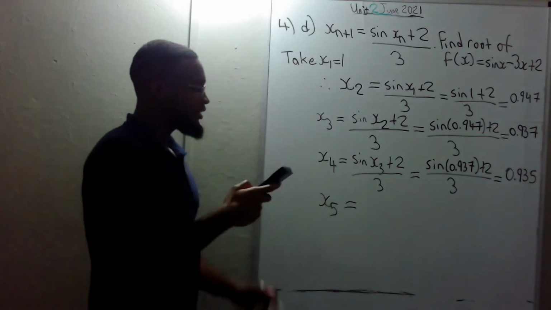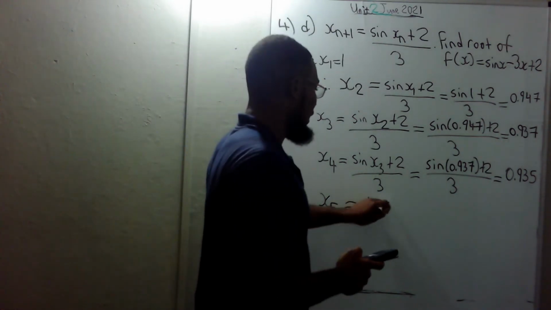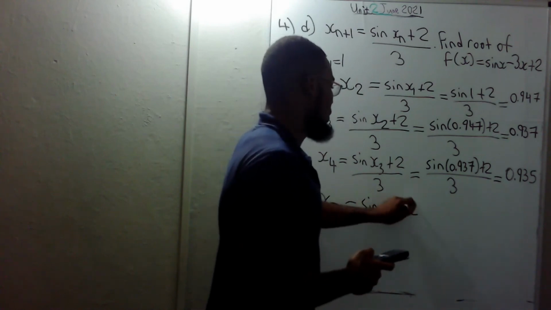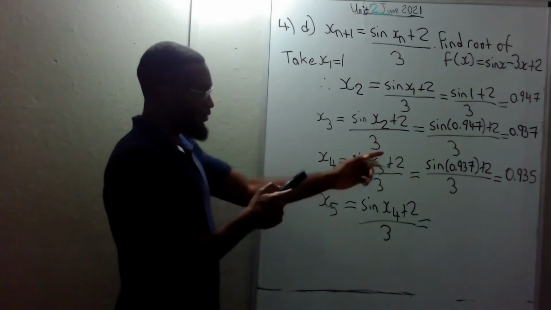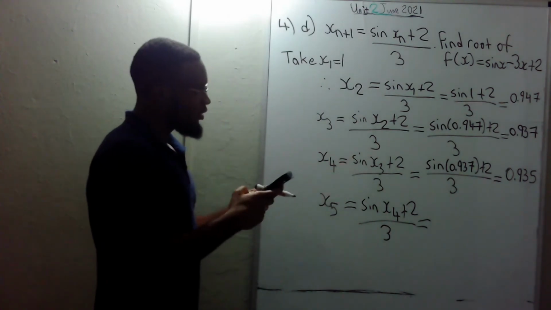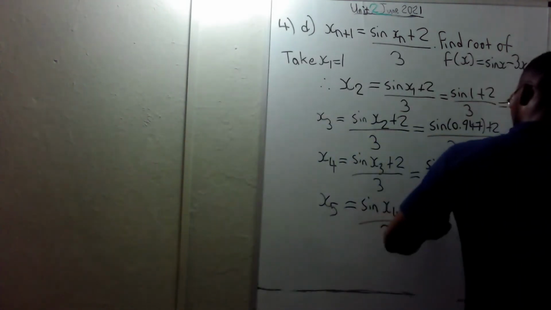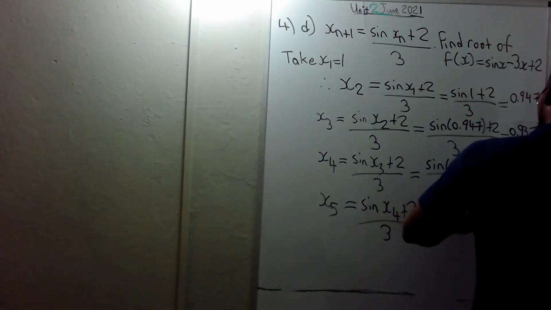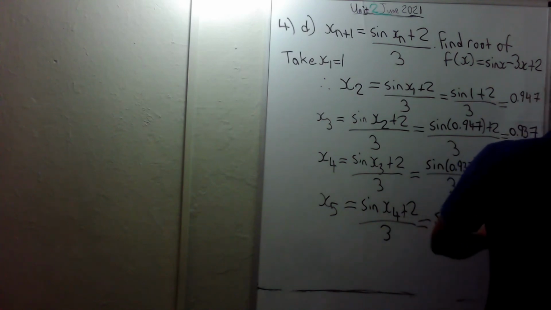So x5 is going to be the sine of x4 plus 2 divided by 3, the sine of 0.937 plus 2 over 3, and I get back the same thing, 0.935.